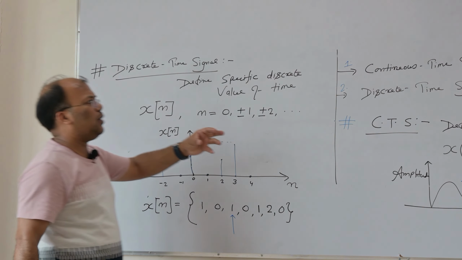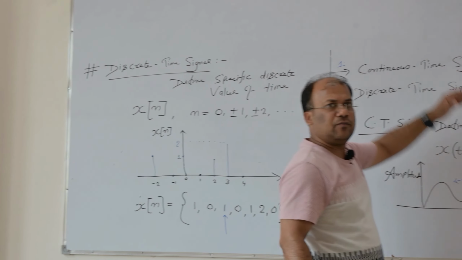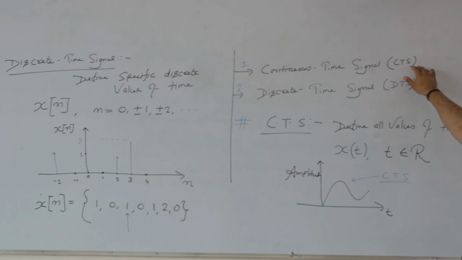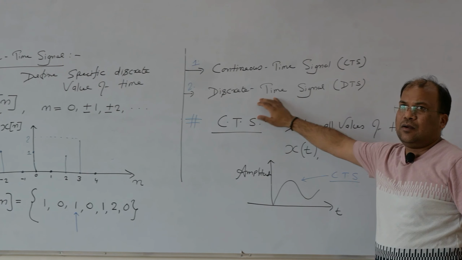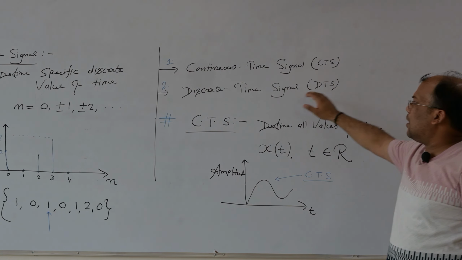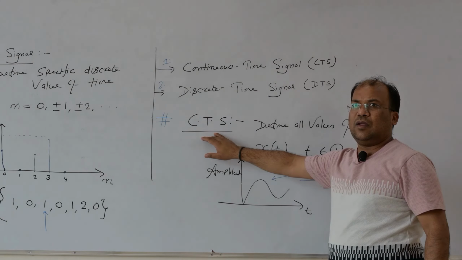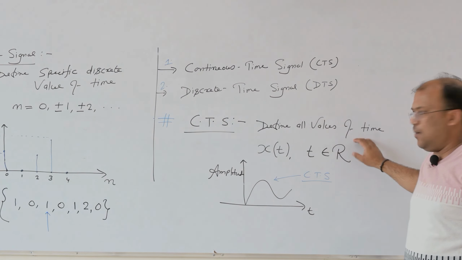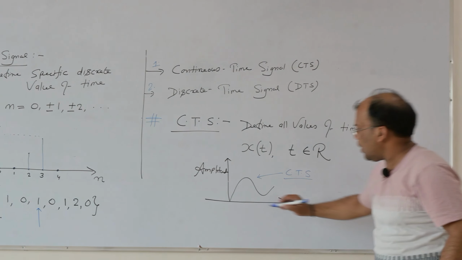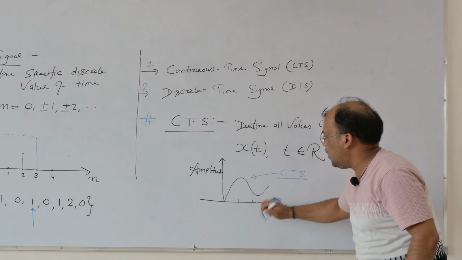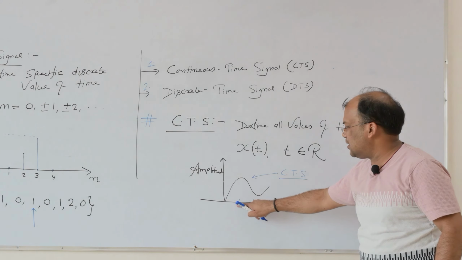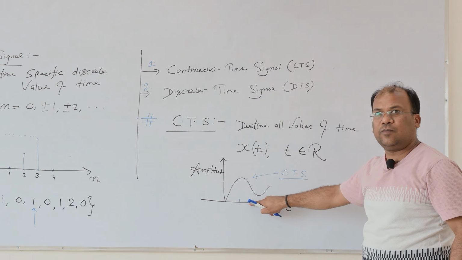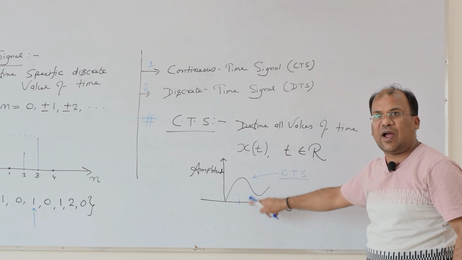So we have basically two kinds of signals. One is called a continuous time signal, another is the discrete time signal. A continuous time signal is a signal which is defined at every value of time. So you can see at every value in between these two intervals, there are infinite values, and at all these values the signal is defined.